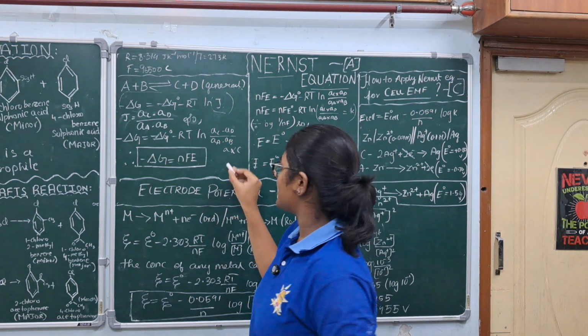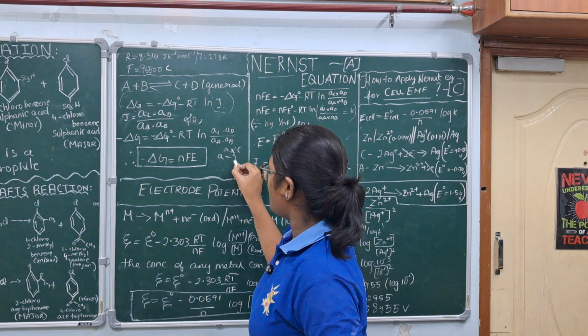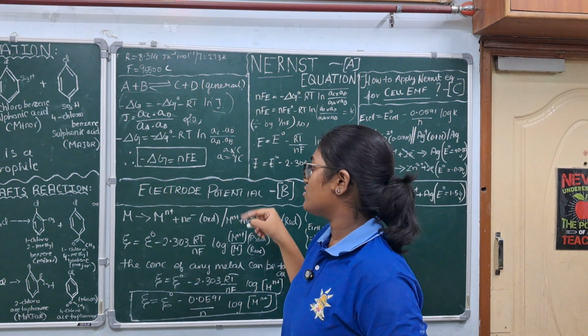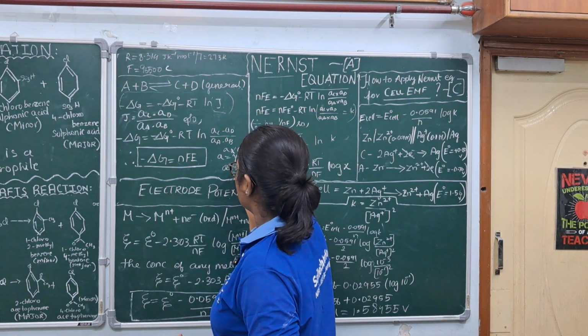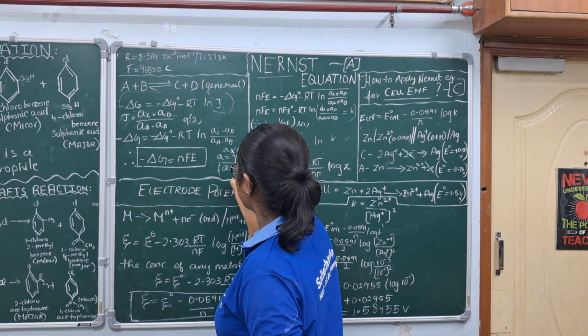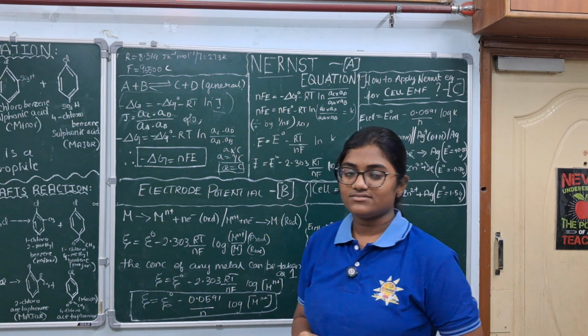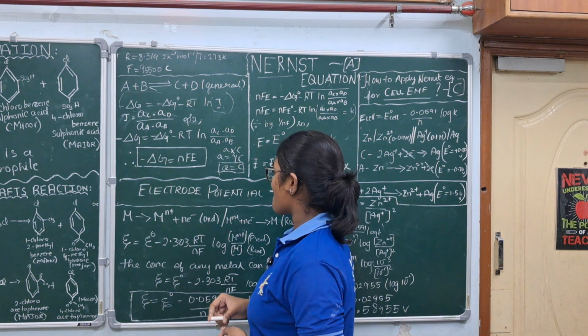While removing this proportionality sign, we introduce a constant, gamma, so A equals gamma C. That is called the activity coefficient. In which case is gamma equal to 1, so that A is equal to C? Strong electrolyte. In a weak electrolyte, there is some other value, so in that case you have to consider that.